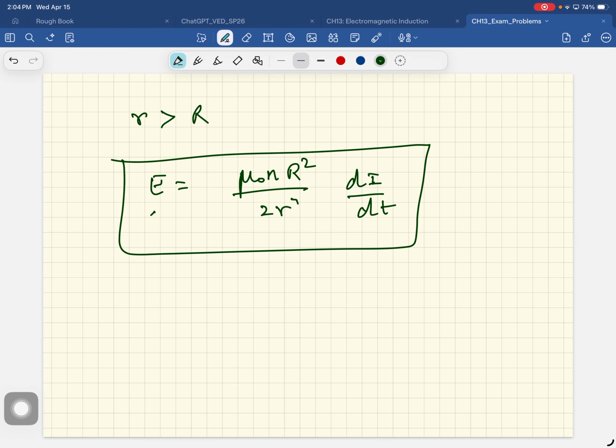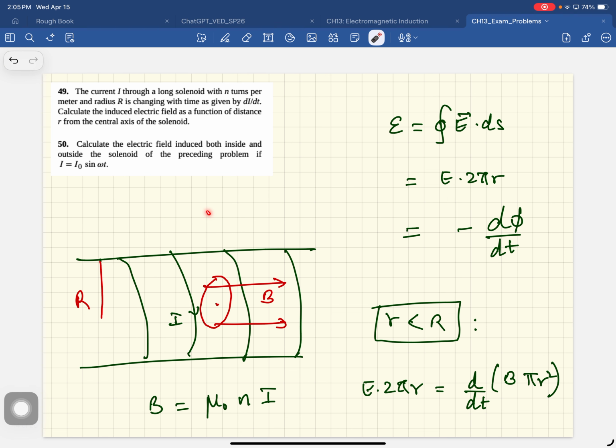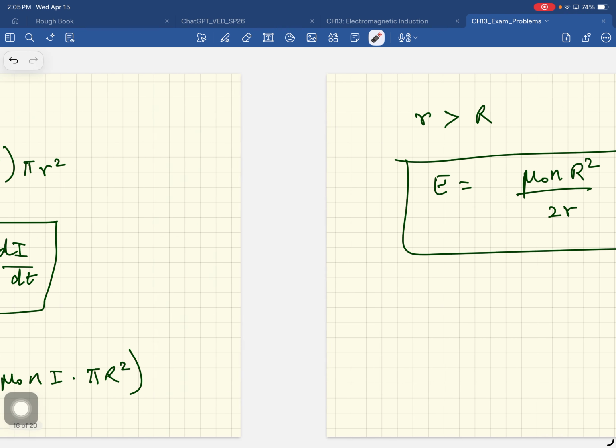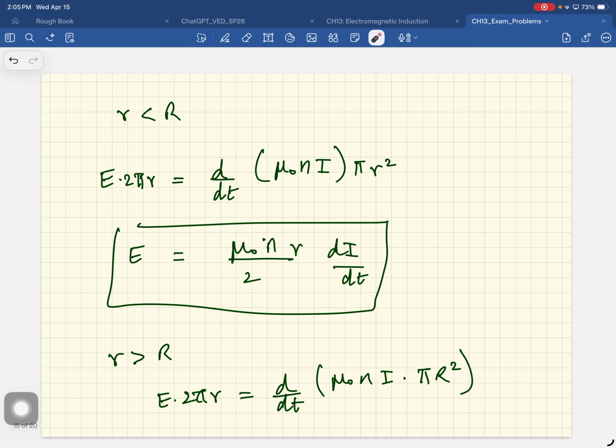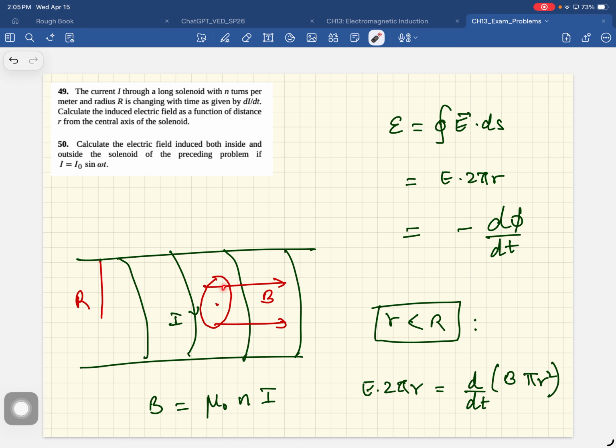So the induced EMF is mu naught, which is 4 pi into 10 to the minus 7 Tesla meter per amp, times n. They don't give you n in this problem, so we'll assume n to be, let's say, 1,000 turns per meter.